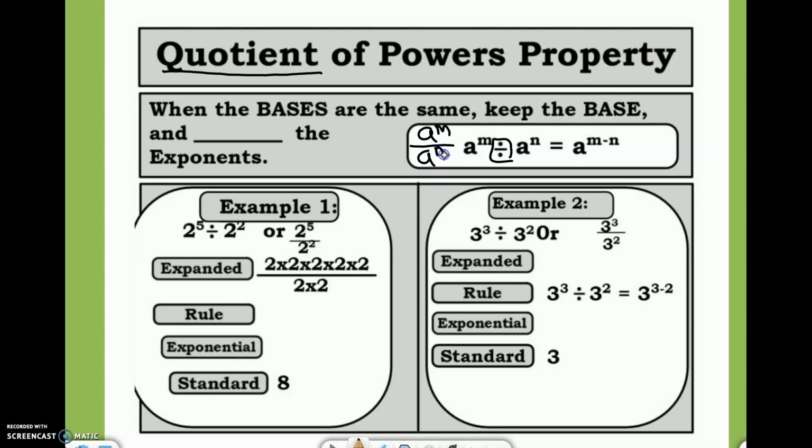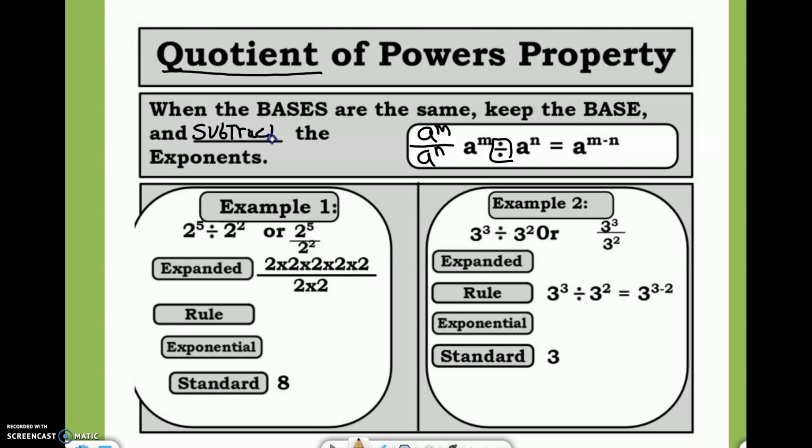You've probably seen this already in 7th grade. So the rule states that you're going to keep the base, in this case it's a variable, and you're going to take the exponents and you're going to subtract them.